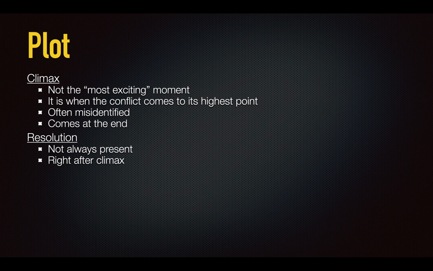The resolution is not always present, but it is the little flat bit of the graph after the action comes back down. I hope you can all visualize the plot graph that I'm referring to over and over here. But it's just kind of like when the characters come together to sort of debrief after the climax and after the conflict has been resolved.